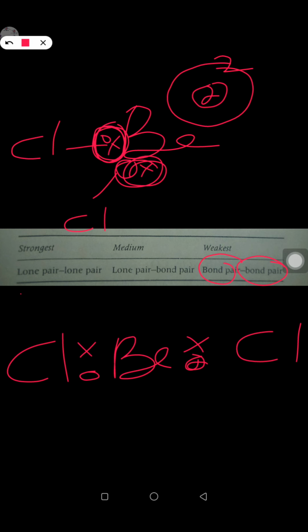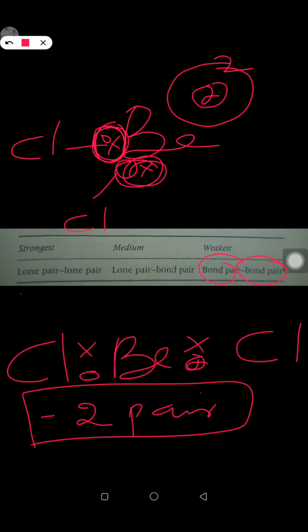In a nutshell, any compound that has no lone pair of electrons but two bond pairs is going to be linear. This shape is arranged on a straight line, so it's a linear shape.